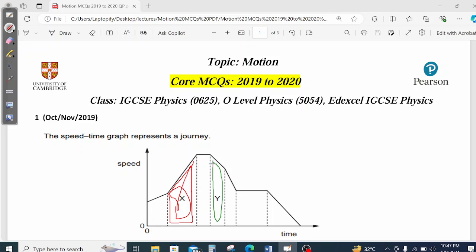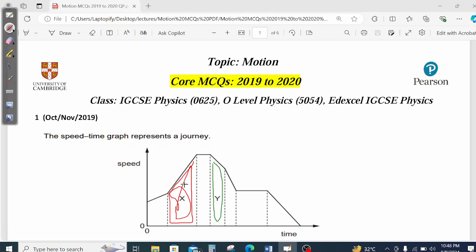So focus on those key points that I have told you in the lectures of motion 1 and motion 2, meaning the two lectures I have delivered. I have mentioned their key points. The area under the curve of a speed time graph gives us distance.